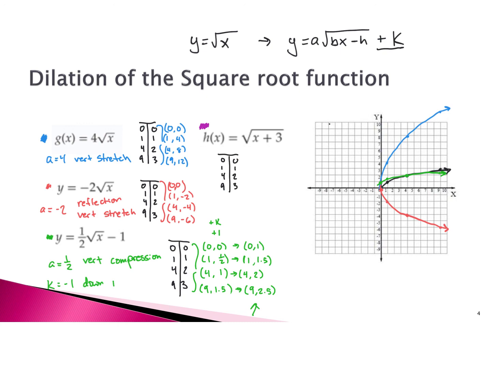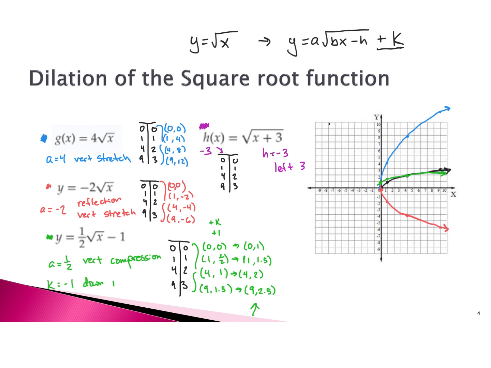Now, since I have H is -3, which means I'm going left 3. So what I'm going to do is I'm going to subtract 3 from all of these points. So all of my x coordinates, I'm going to subtract 3 from.